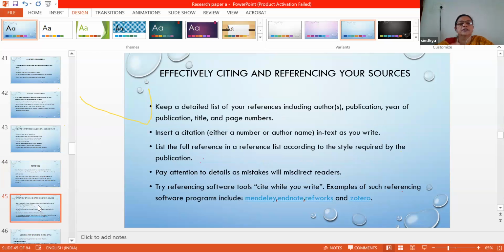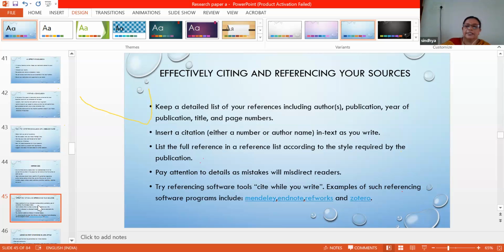You should keep a detailed list of your references from the beginning onwards. Whenever you read a book, you have to keep the reference of that book and other publication details, year of publication. Every detail you have to keep with you so that it can be added to the research paper, which shows the validity of your research paper.